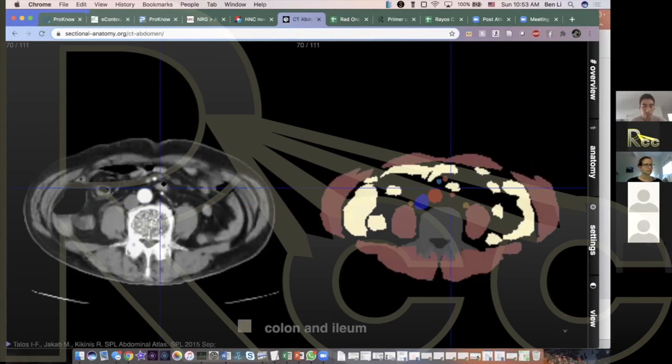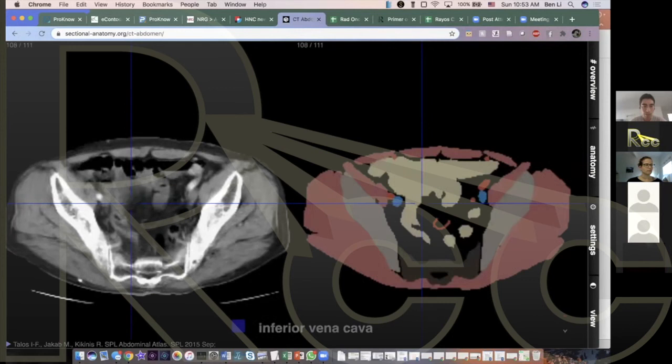This is just bowel. You keep going. Very helpful, in particular when I'm doing my pancreatic cancer cases. But they also have other disease sites, like head and neck, and brain.